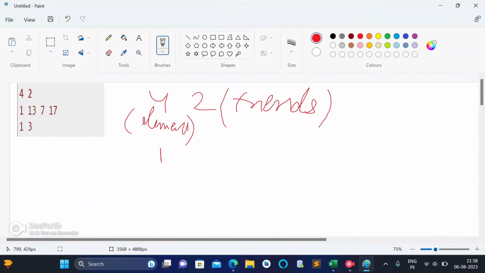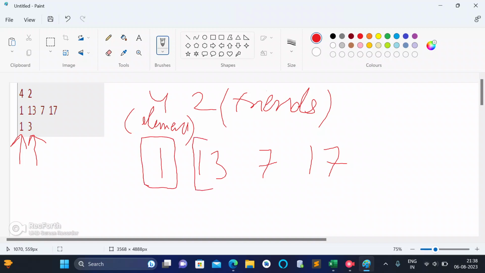The elements given to us are 1, 13, 7, 17, and we are given 2 friends. To the first friend we have to give 1 integer, and to the second friend 3 integers. Let's say I give the value 1 to the first friend, so its maximum is 1 and minimum is also 1.